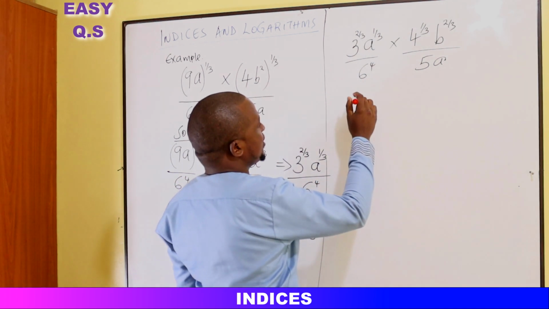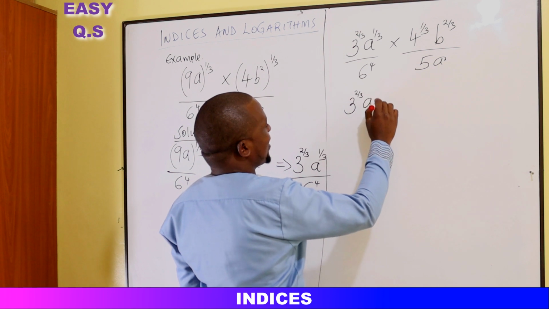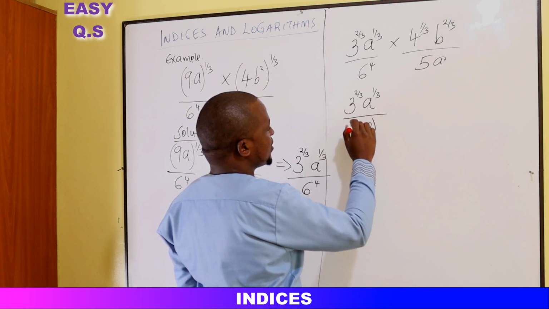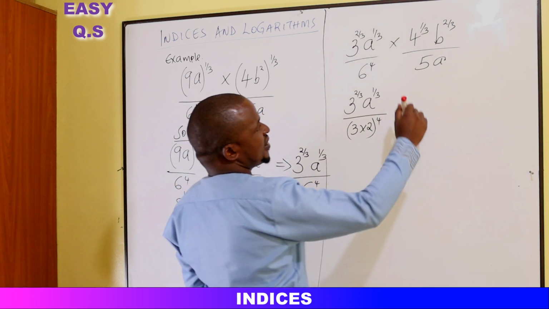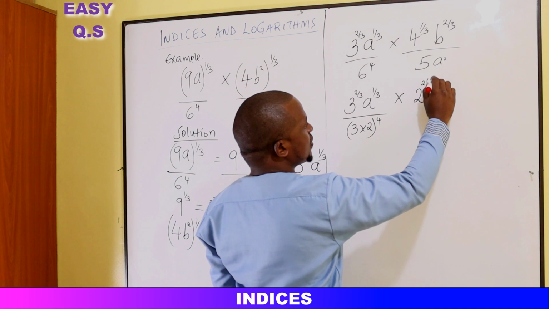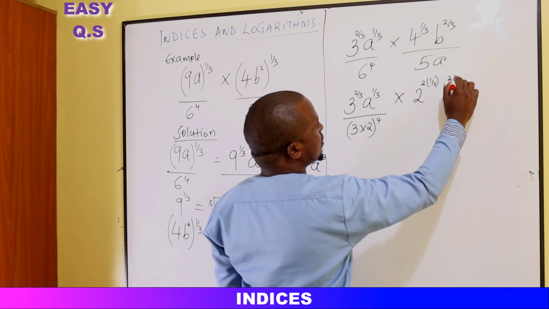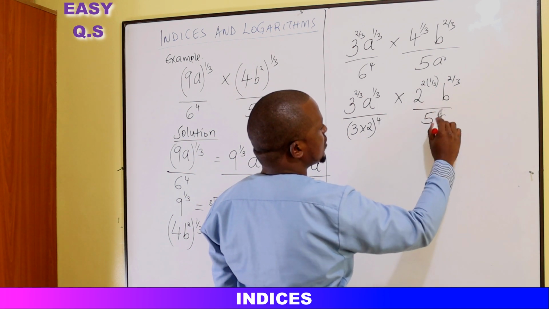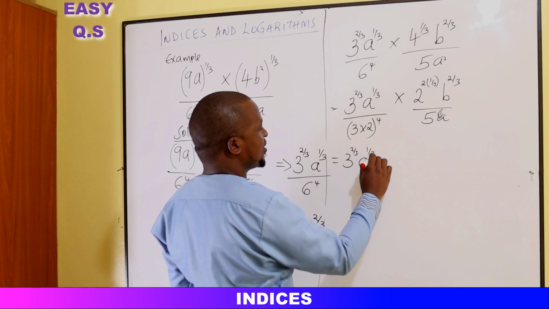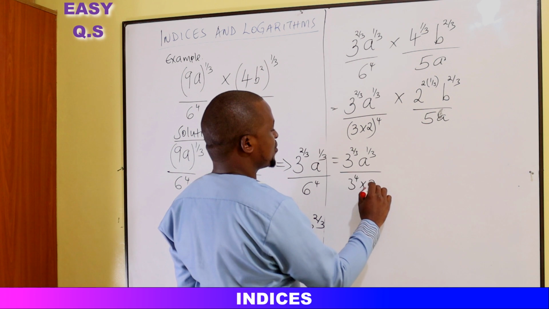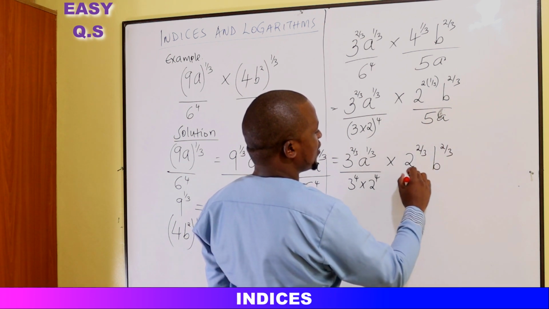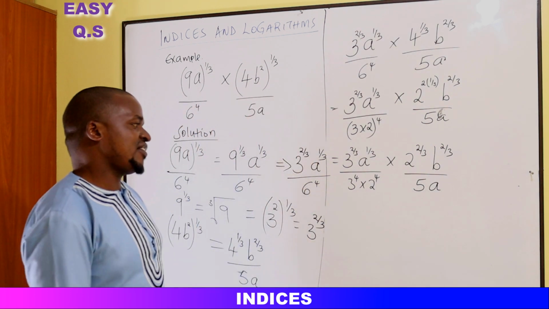So it will be 3 raised to power 2 over 3, a raised to power 1 over 3, over 3 raised to power 4, times 2 raised to power 4, times 2 raised to power 2 over 3, b raised to power 2 over 3, over 5a. And 5a is 5 times a raised to power 1.